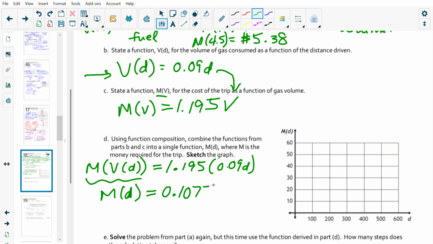So we get 0.10755 d. So m of d equals 0.10755 d. Let's sketch the graph. So it's going to look linear, something like this. Okay, not quite on the line there, but you get the idea.